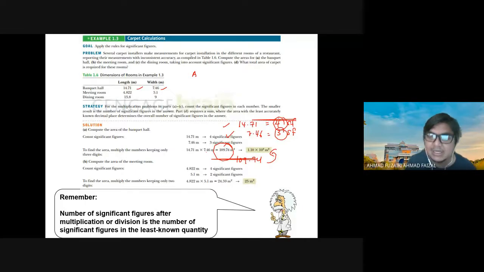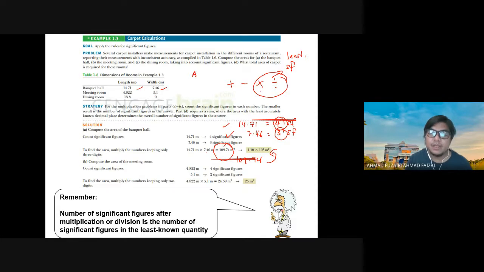In mathematical operations, we have plus, minus, times, and divide. If the questions involve multiplications or divisions, then you should follow the least significant figures.